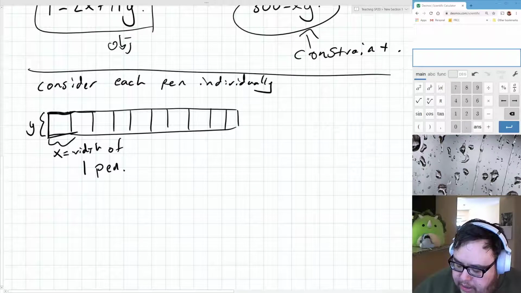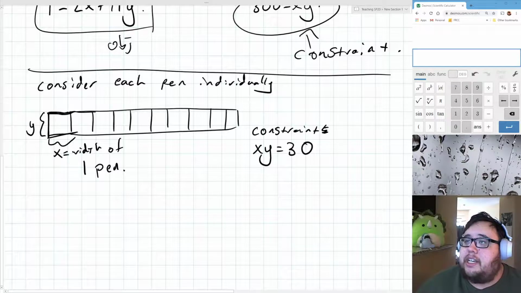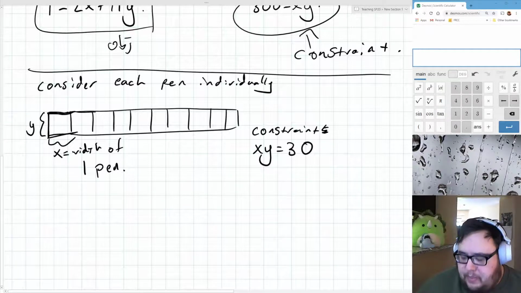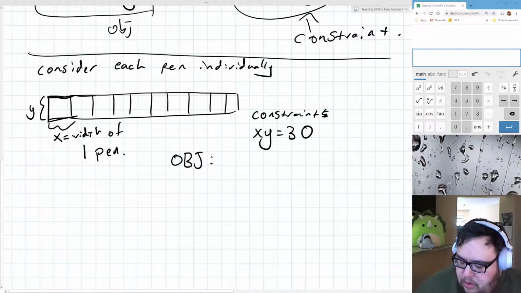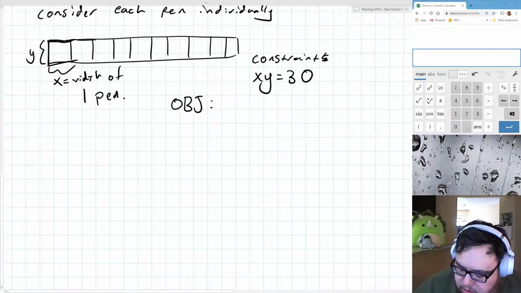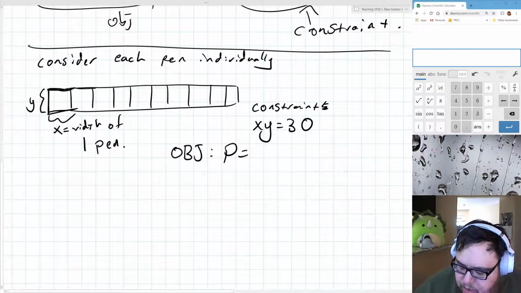So our constraint then is x times y is equal to 30. It's the area of a single pen, right? And our objective will be that the perimeter is equal to the number of fences of length x.